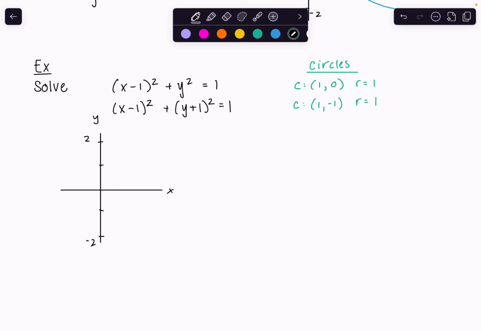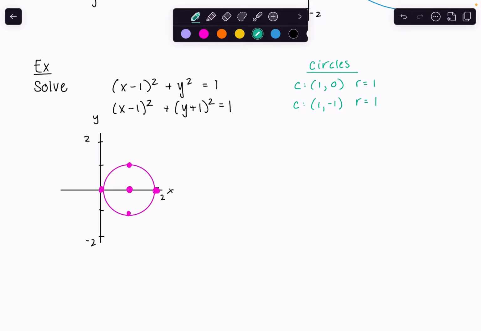Again, not going to be perfect because I'm not perfect on this iPad, but that's okay. So our first circle has a center at 1, 0, and it has a radius of 1. So that means I go out 1 in every direction. And then I have a circle through those points. And you can see definitely not super accurate, but that's okay. There's our first circle.